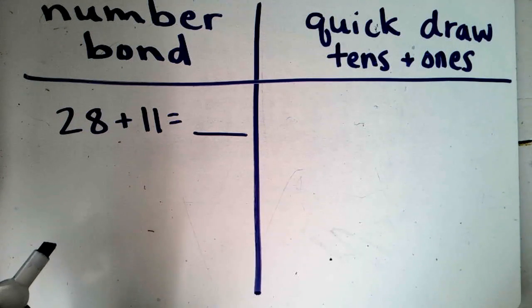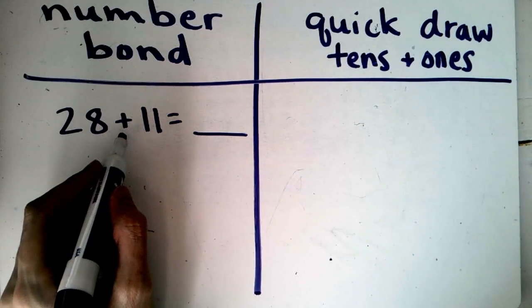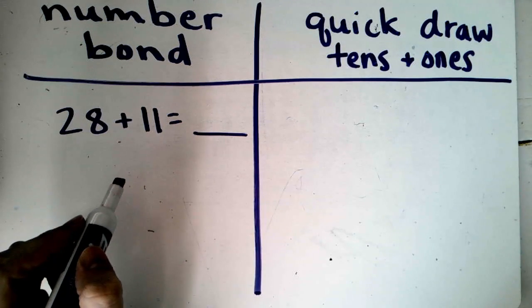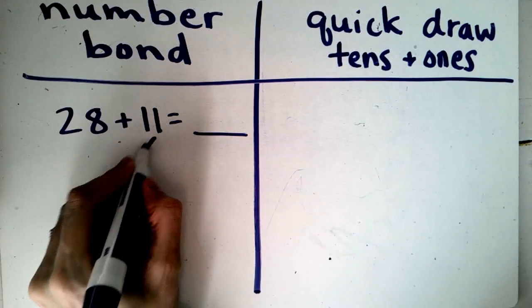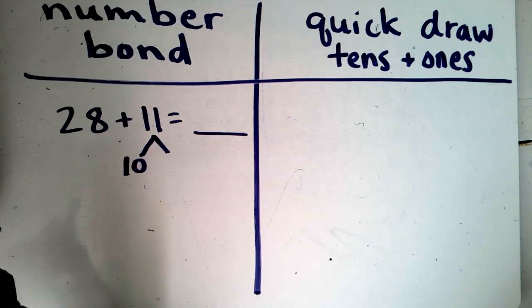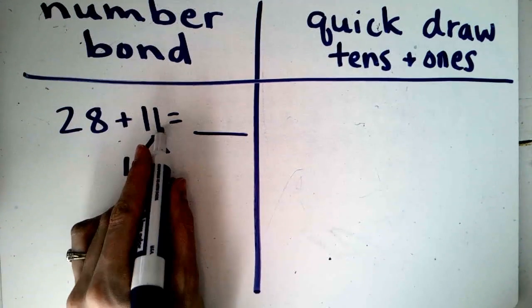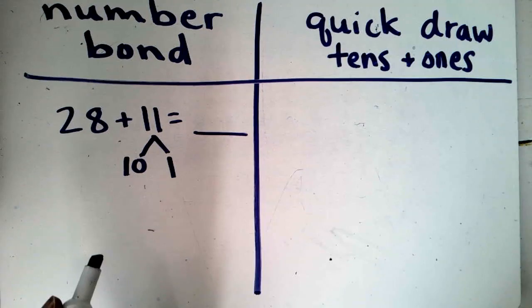We want to split up the teen number first. So, is 28 a teen number, or is 11 the teen number? Yes, 11 is. Okay, it has 10 in it. That's why we call it a teen. Teen and 10. Hear the similarity? And 11 is a 10 and 1. So 10 and 1 is 11.